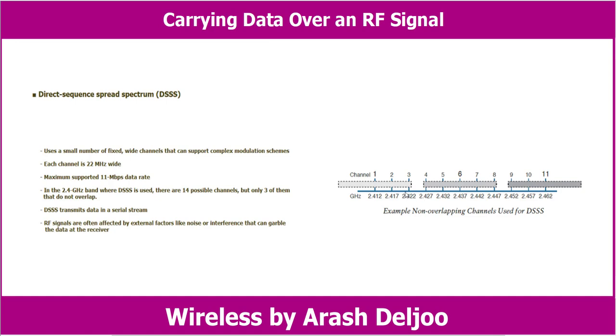It means a little more than 4 channels. Because of that, when you use channel 1, the signal center resides at 2.412 GHz, and we have 11 megahertz on each side. Because of that, we can use channel 4 without any interference.